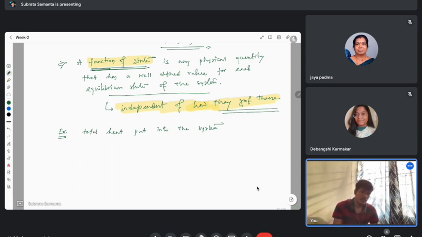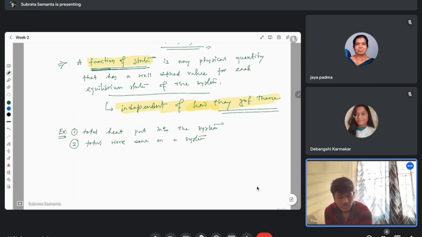This is not a function of state. Second, the total work done on a system. So these are not functions of state.